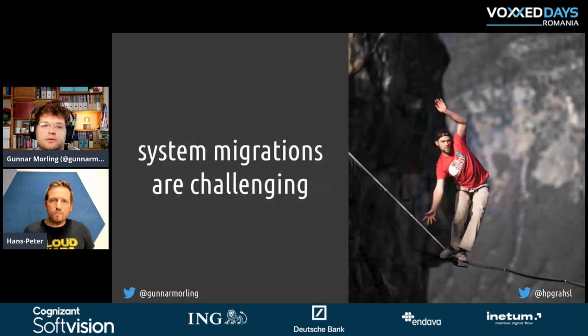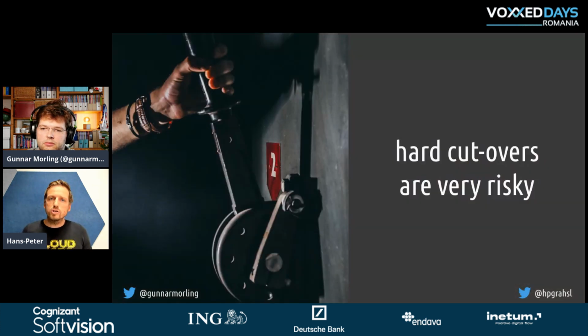So let's dive right in. If we imagine how software migration projects are done, you can imagine that this is sometimes very challenging, given a reasonably large and complex system that we want to migrate. Let's say we want to migrate an old legacy application, typically a monolithic architecture, into microservices. And if you happen to have taken part in such a migration project, and if this project was tried in a hard cutover approach, chances are that it didn't end well.